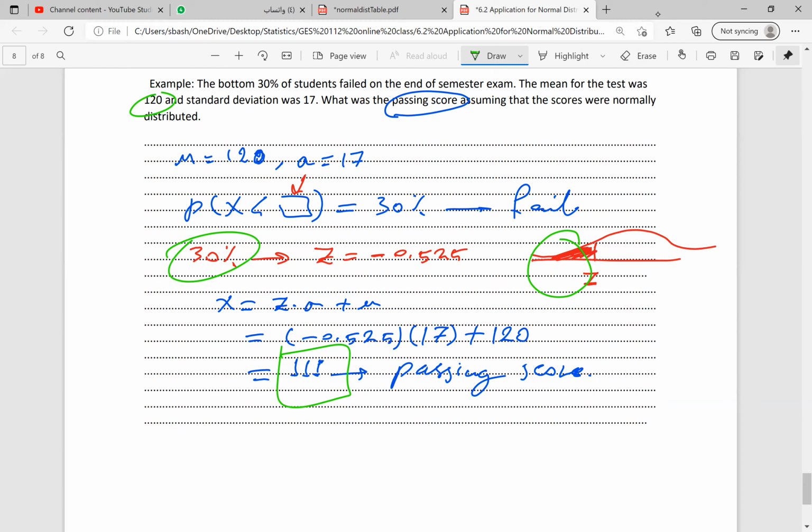It is not 1 minus that value. It is the value as it is without subtracting from 1. And we found that this is equal to minus 0.525, using the formula x equal to z multiplied by sigma plus mu will give me 111, and that will be the passing score. So this is the idea of this question.